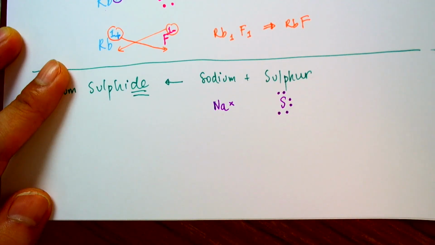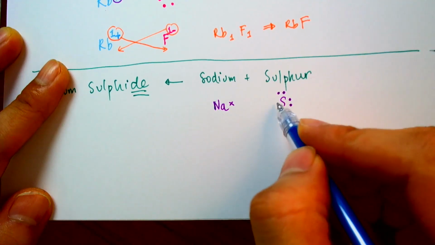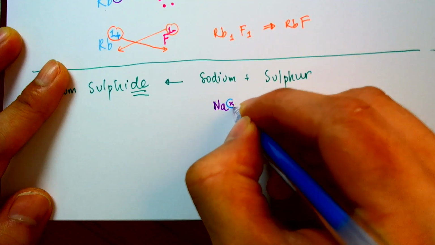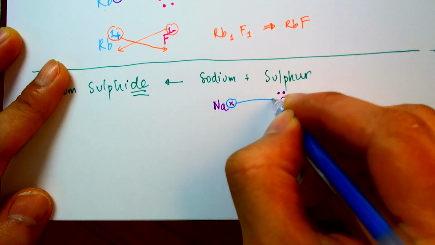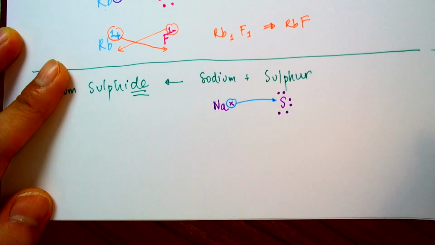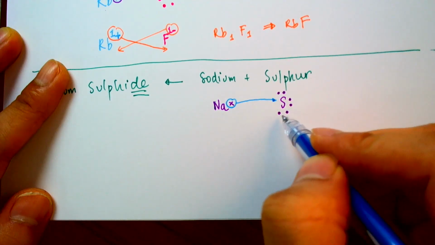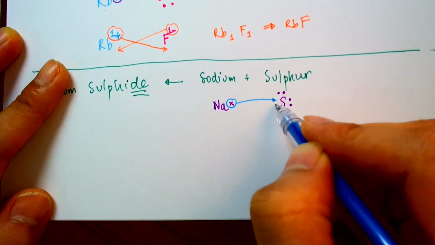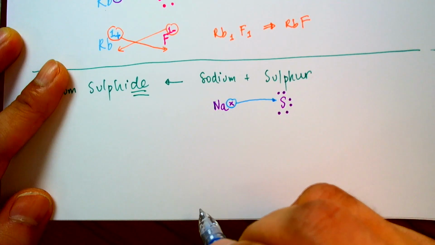So now we run into a situation where one sodium isn't going to keep this sulfur happy, because this sodium wants to give up its electron to fill that spot. Well, sulfur needs 2 more electrons. It's got 6 electrons. It needs more electrons to fill that spot.